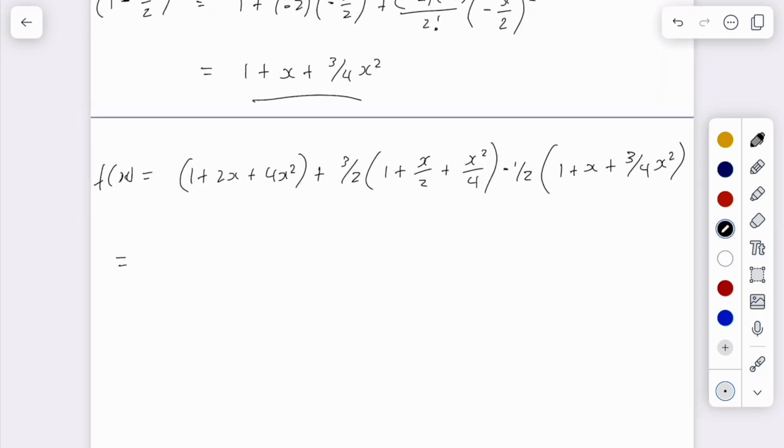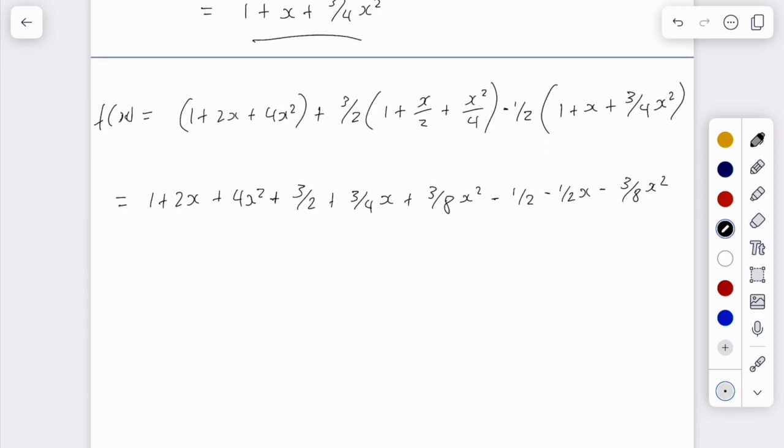And if we simplify this out, guys, what we're going to get is 1 plus 2x plus 4x squared plus 3 over 2 plus 3 quarters x. Okay. Plus 3 over 8 x squared minus a half x. Okay. Minus 3 over 8 x squared.